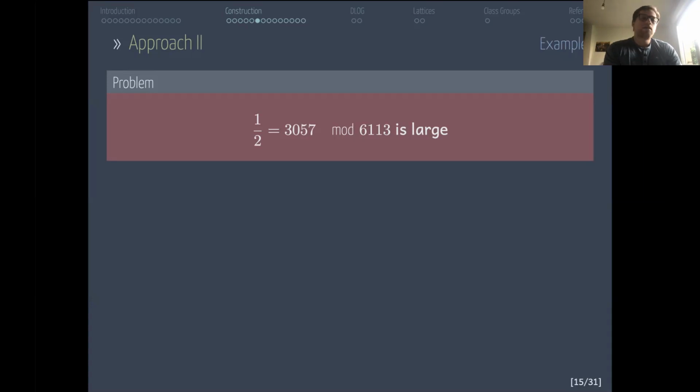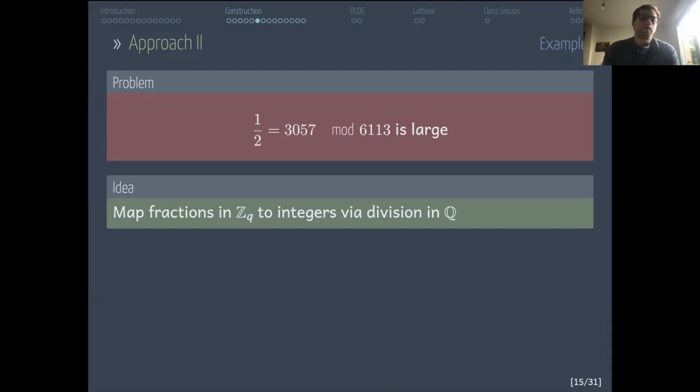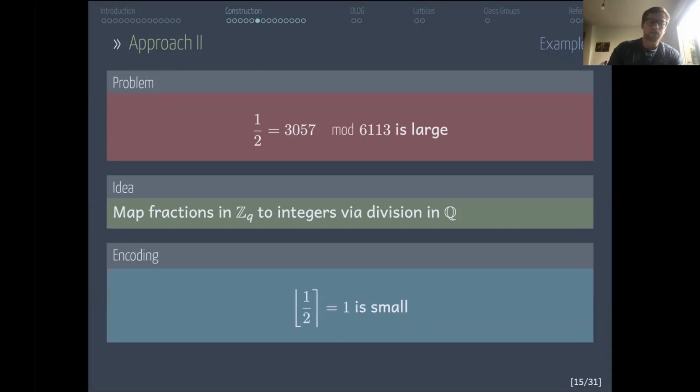But the main idea now is that we already know that the numerator and the denominator are short. So there should be some way to use the fact that both are short, in order to retain something short. And the core idea is that we can actually map these fractions in Z_q to integers via a division over q. What I mean by that is, instead of mapping 1/2 to just 1/2 mod q, which is large, we compute 1/2 over q.